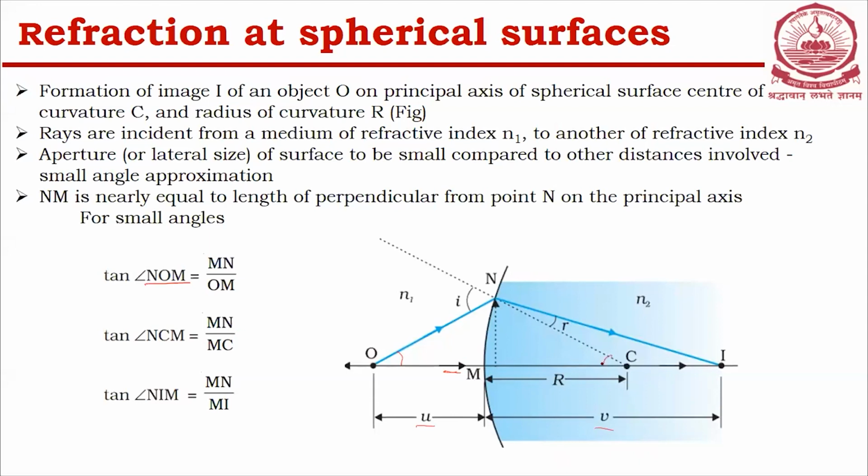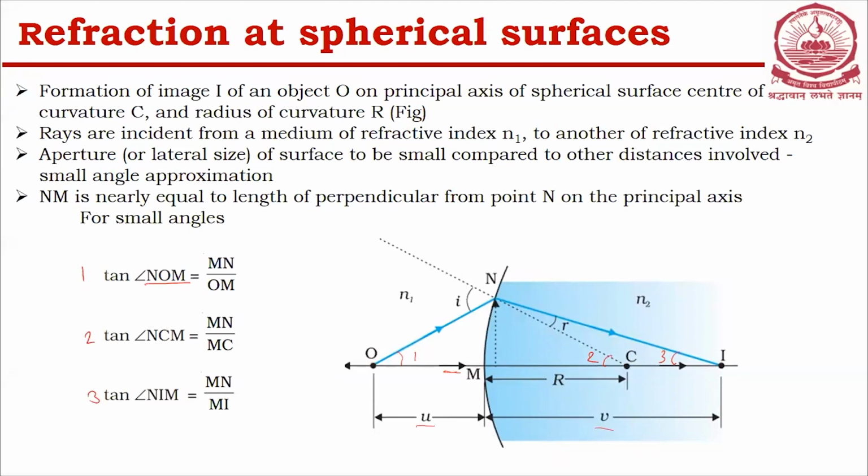And for angle NIM, it is MN divided by MI. I have taken all these angles, so maybe you can write them as 1, 2, 3.